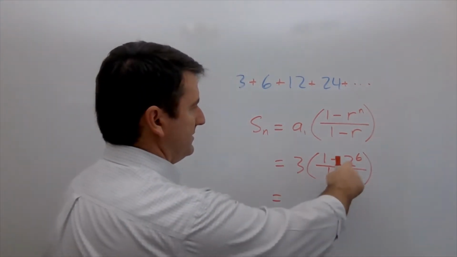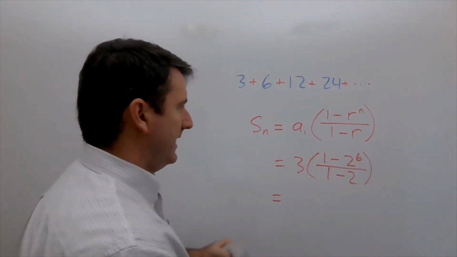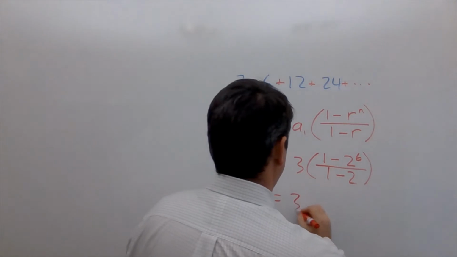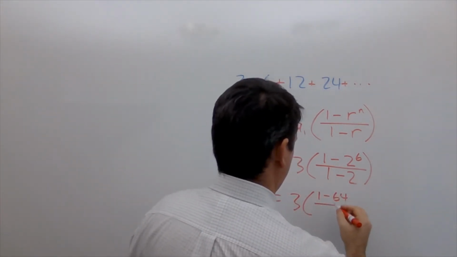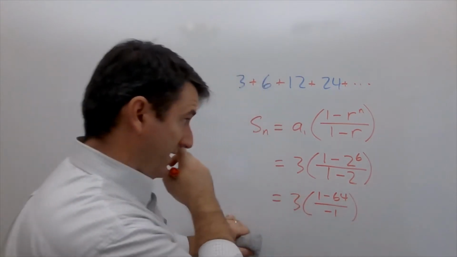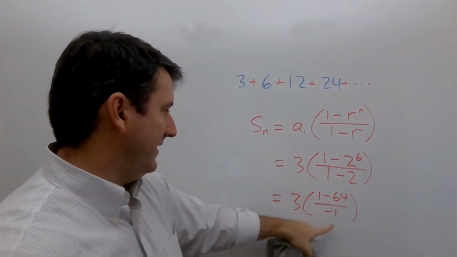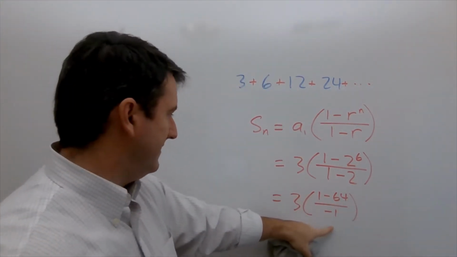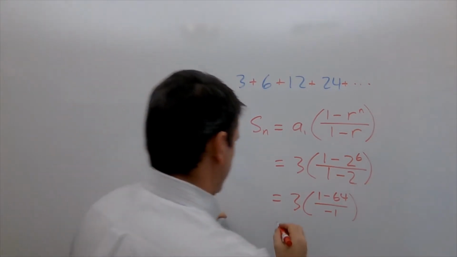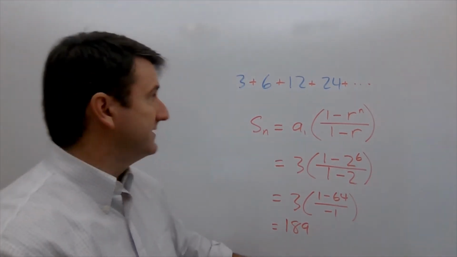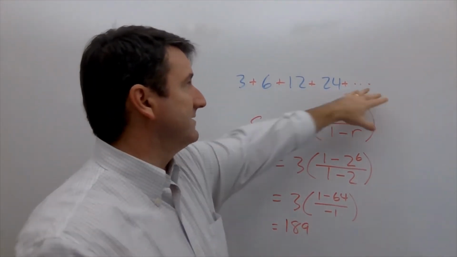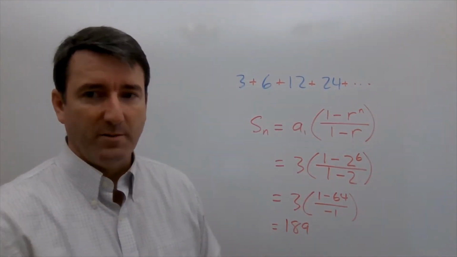And so 2 to the 6th power is 64. So this is going to be 3 times 1 minus 64 over negative 1. So that's negative 63, but divided by negative 1, that's positive 63. Times 3 is going to be 189. So the sum of the first 6 terms of this series is going to be 189.